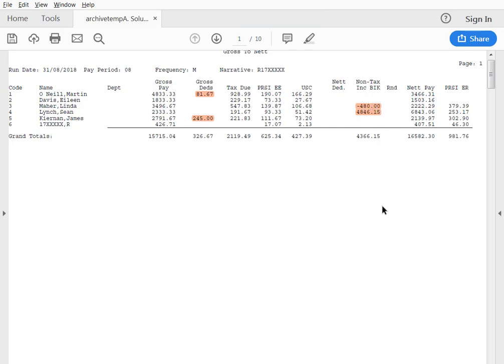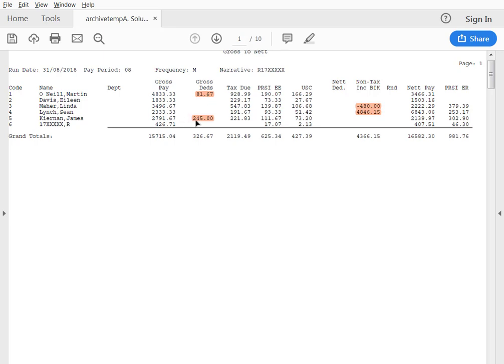Okay, so if I take it from the top, the 8167 is money that the person has paid to me, so Martin O'Neill has paid it back to the employer towards his bus pass. It's included in the gross pay, so I don't have to do anything with it, it's already there. But the 8167, I have to pay that back then to the employer basically, so that's going to be in one of my liabilities.